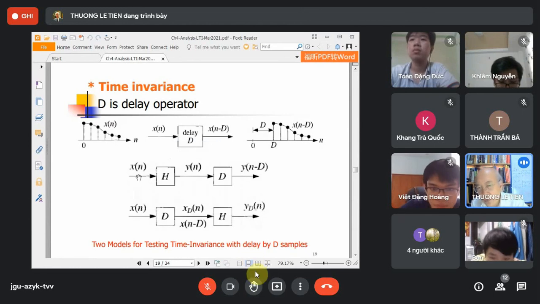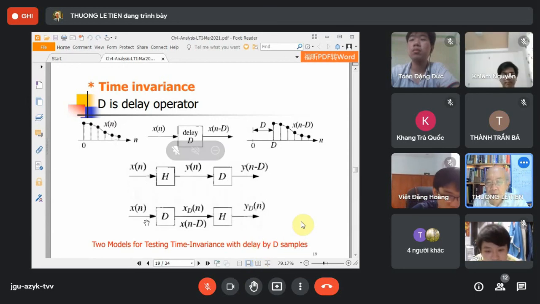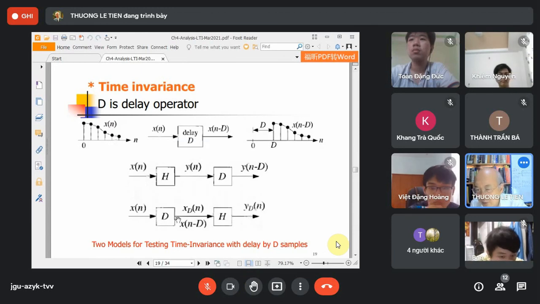In the first model, we pass the signal through the system first and then delay. We have output 1. In the second model, we pass the signal through the delay first and then through the system. We have output 2. Again, we compare output 1 and output 2. If they are equal, we conclude the system is TI, otherwise TV. Okay?